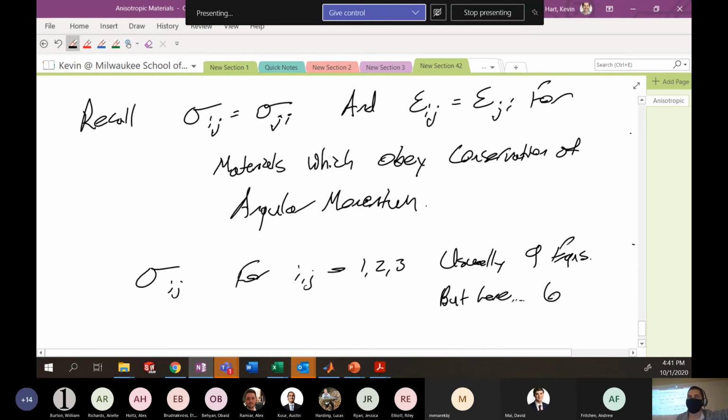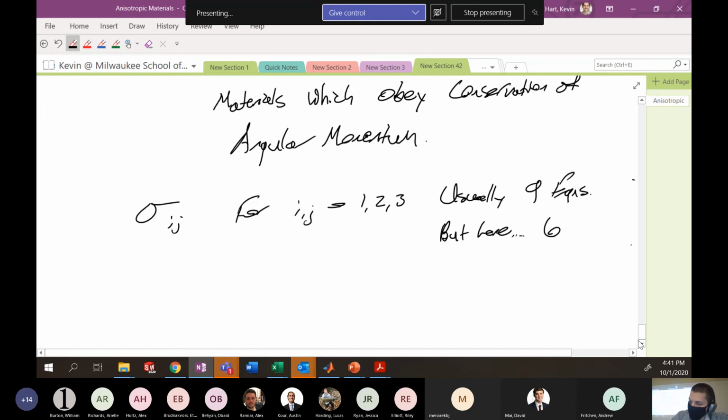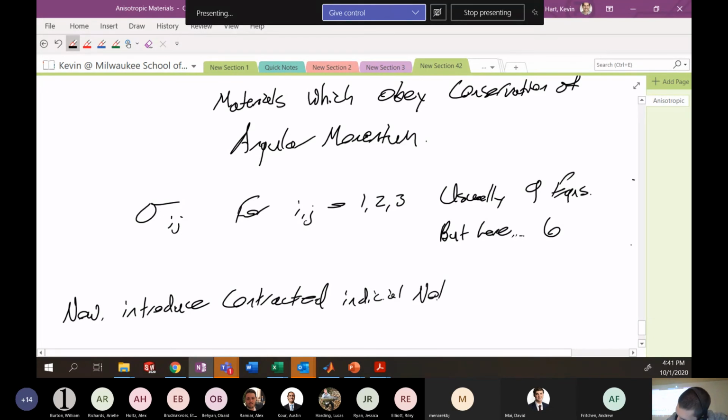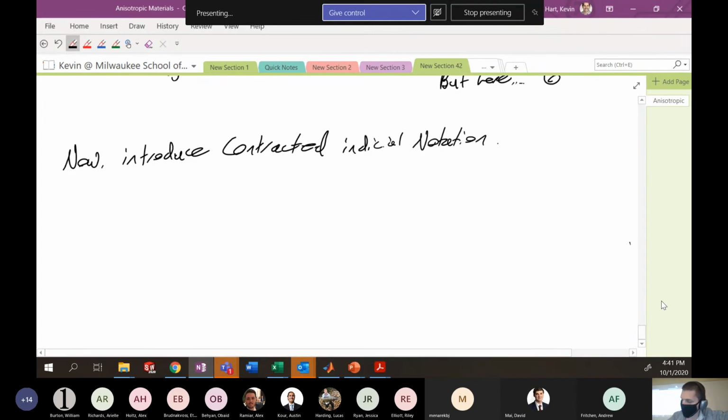So what we're going to do is introduce a contracted indicial notation to deal with this.